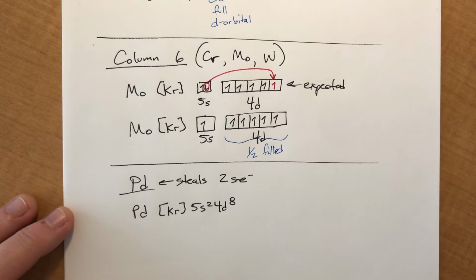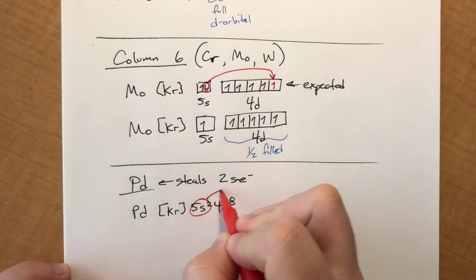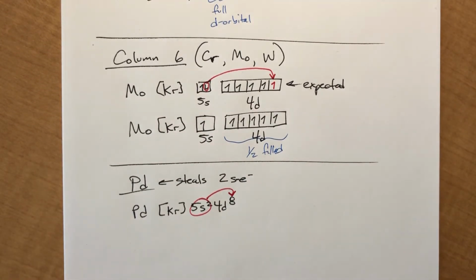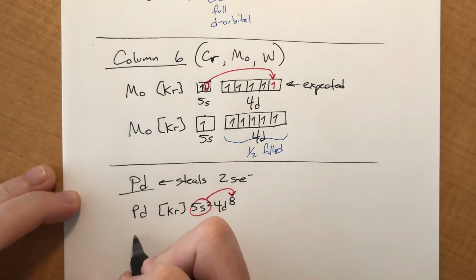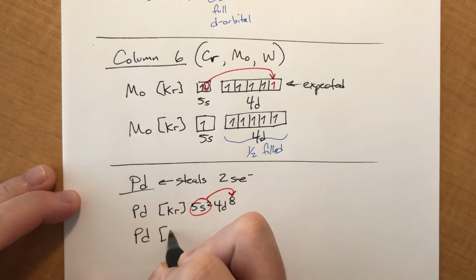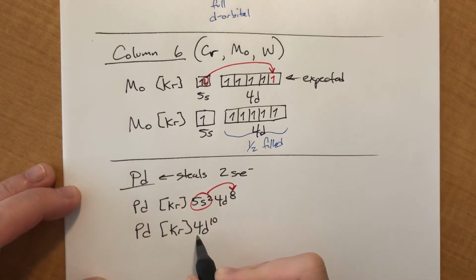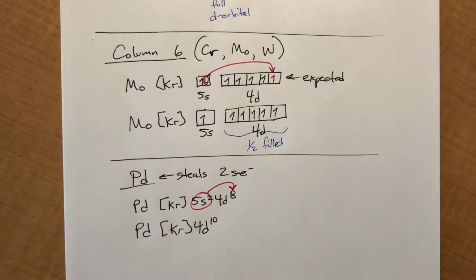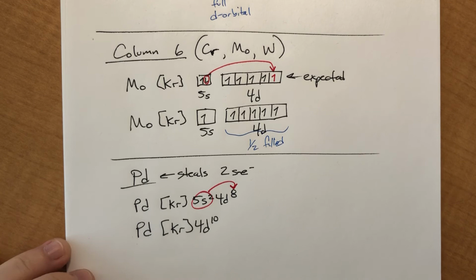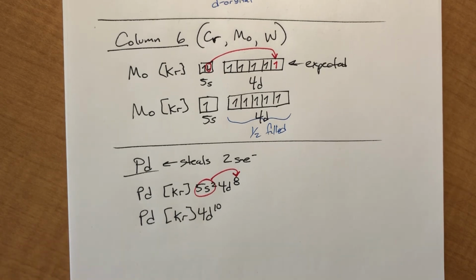It will actually steal both of these and move them up here. And what you end up with is palladium is actually just krypton 4d10, which is a full orbital. There's not even an s orbital, so who cares? Everything's great.